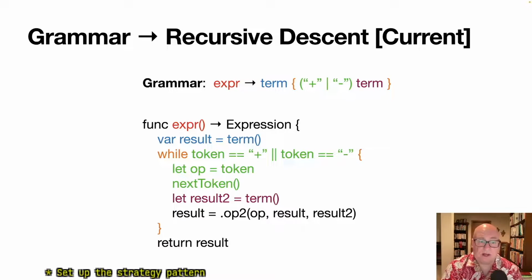And then for the non-terminal, we call that function, so we call term. And then we're producing a result. The operator op2 is a tree, and it's got an operator as the name of it, and then the result on the left and result2 on the right. So it builds up a tree, and notice it's a while loop. It's accumulating a tree. In the end, we return the result.